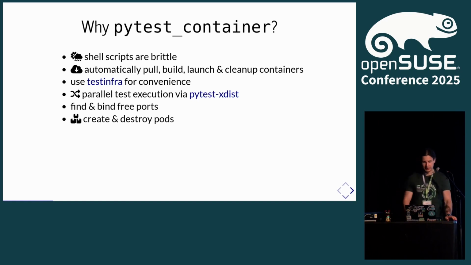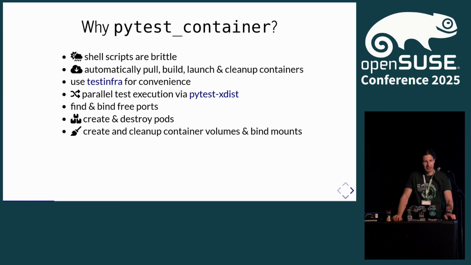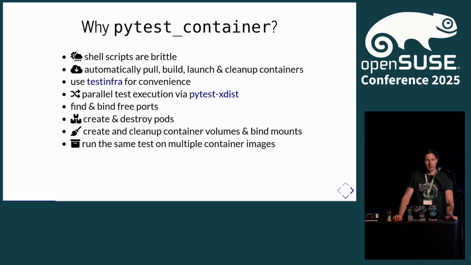If you're using Podman, you can also work with Podman's pods. The whole thing can also create volumes for you and clean them up for you. It supports the use case of testing a software on multiple different base container images. You can do that as well, and you can use Docker, Podman, whichever you like.